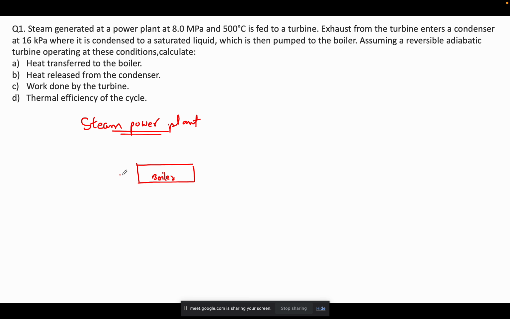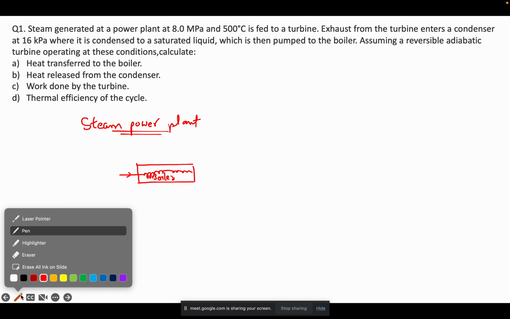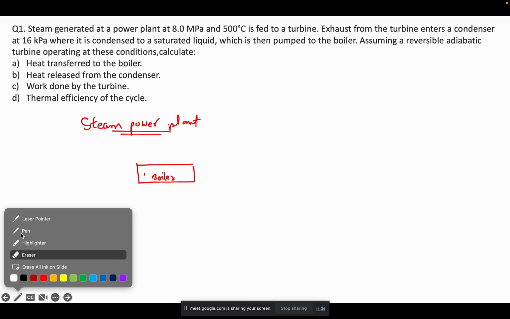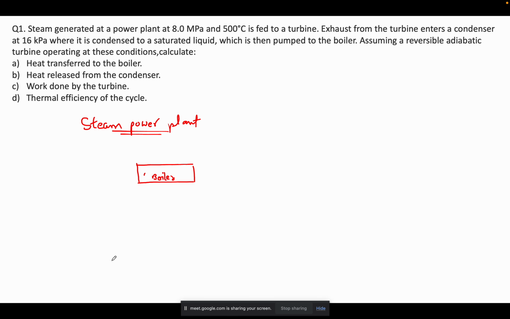Here the liquid water will be fed, and it goes inside the boiler, and then whatever is entering here gets converted into steam.